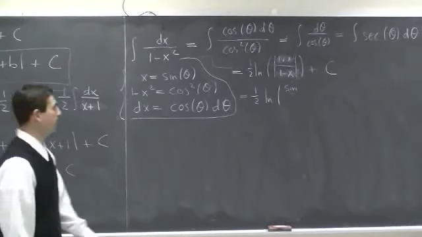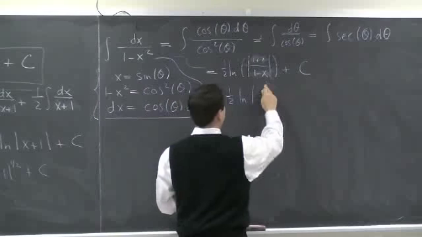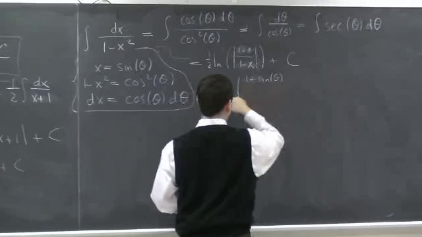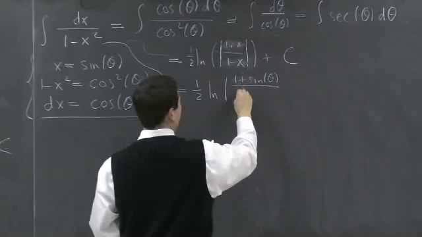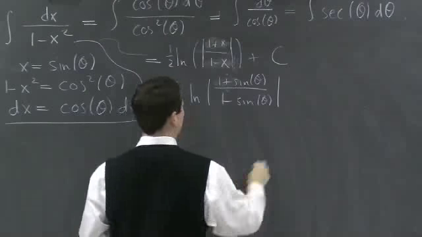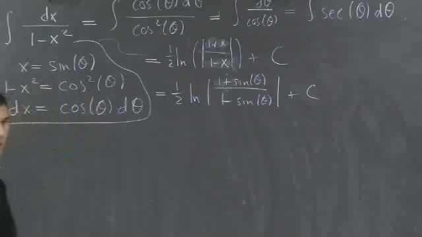Okay, so then I get ln of absolute value of 1 plus sine theta over 1 minus sine of theta. And this didn't look so bad with x's. But with sines, I don't know, somehow this doesn't look as nice anymore to me. Anybody get that weird feeling?